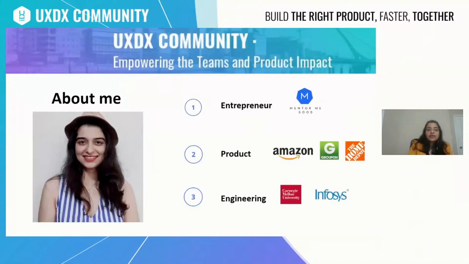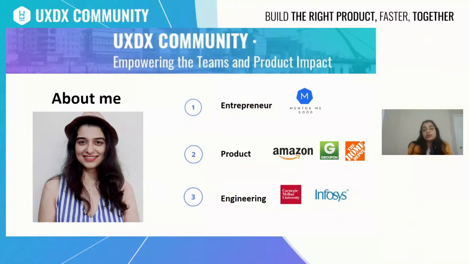Before we get into it, just a little bit about me. I am an engineer turned product manager turned entrepreneur. I have spent about 2 years in engineering and 10 years in product management in companies like Amazon, Groupon, and Home Depot. I have worked a lot in e-commerce and within that, personalization and marketing.